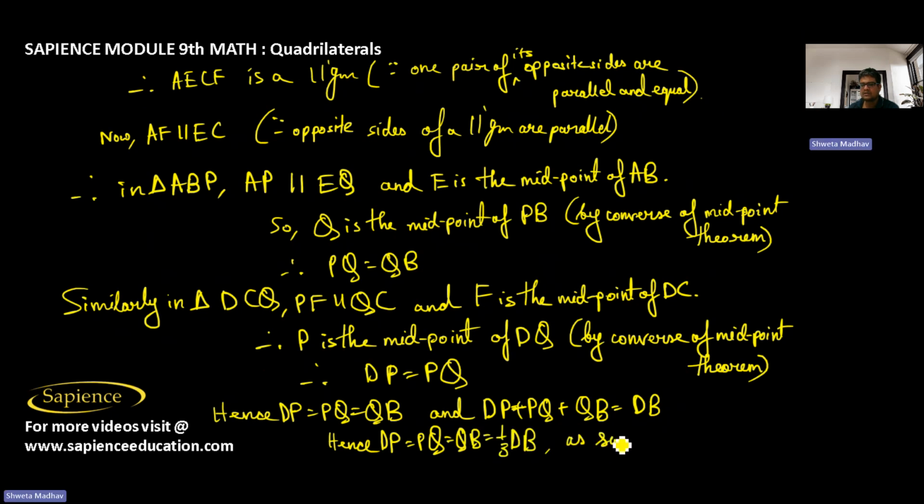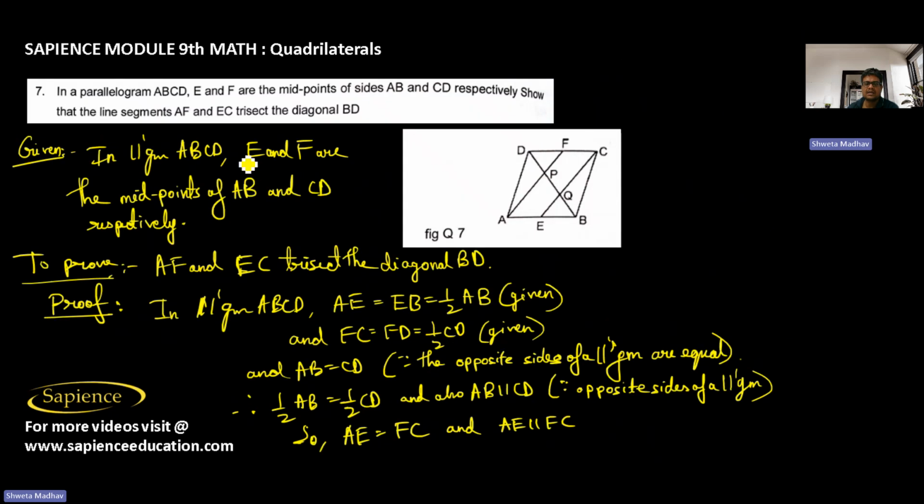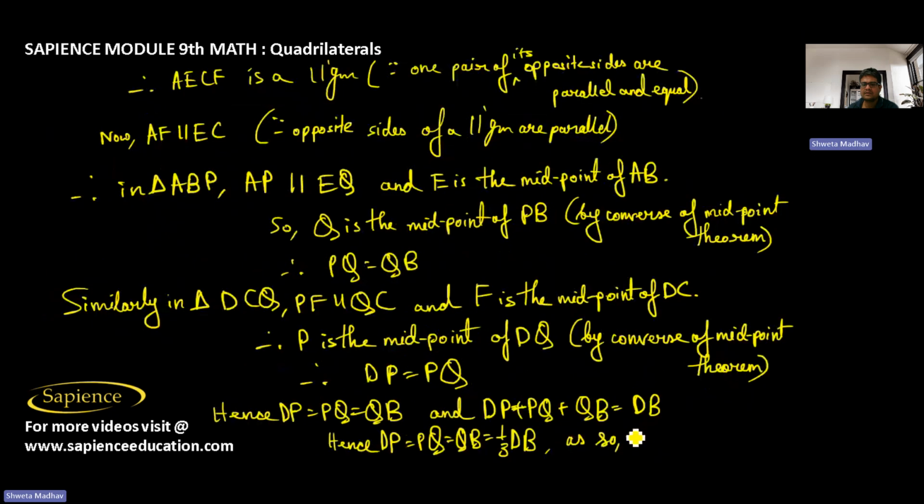And so the line segments AF and EC trisect the diagonal BD. So hence, proved.